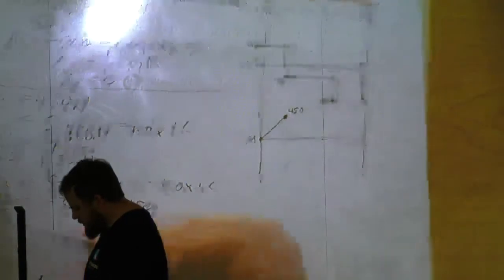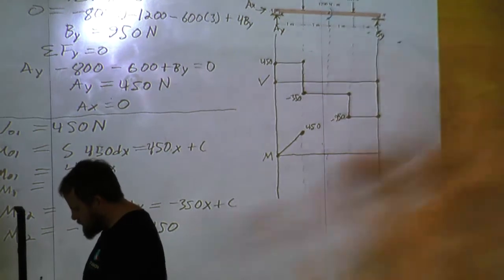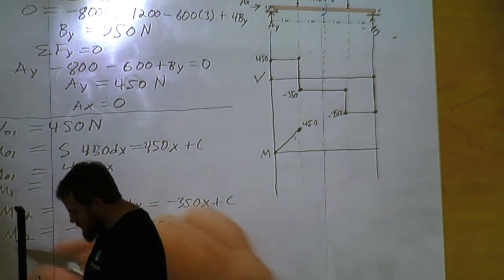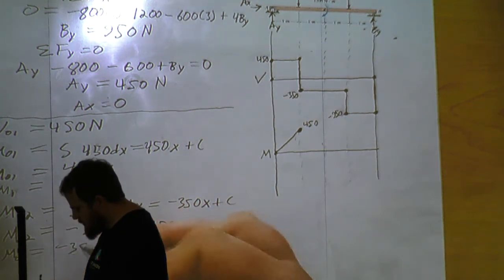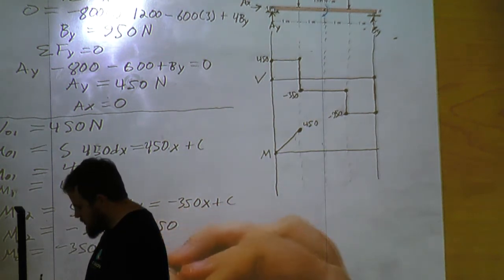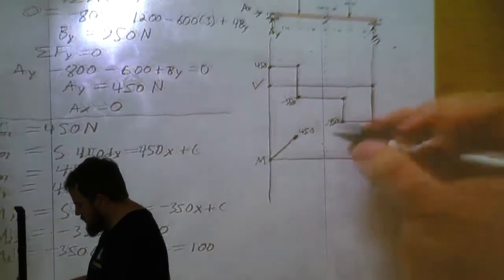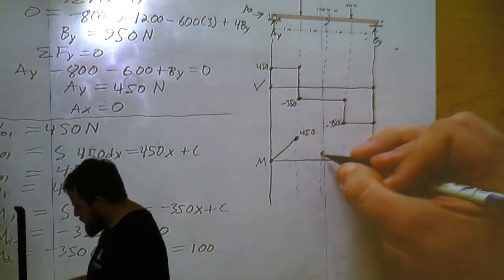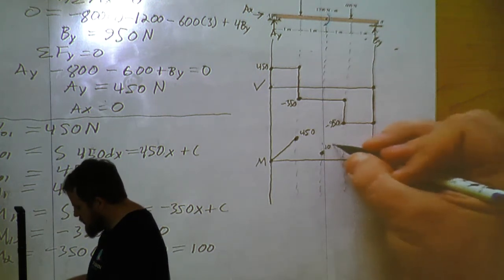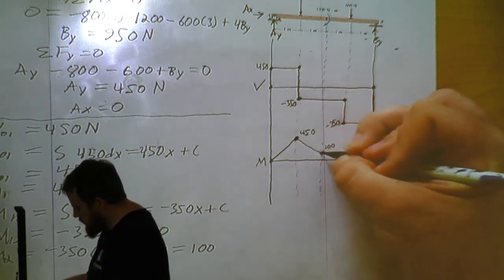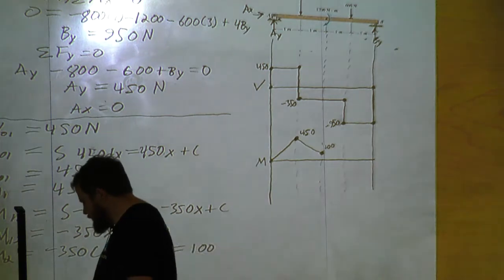So we're going to plug in, again, another 1. So m at 2 is going to be negative 350 times 1 plus 450, and that's just going to be 100. So we're going to go down to 100. And that's going to be another straight line because it's a linear equation.